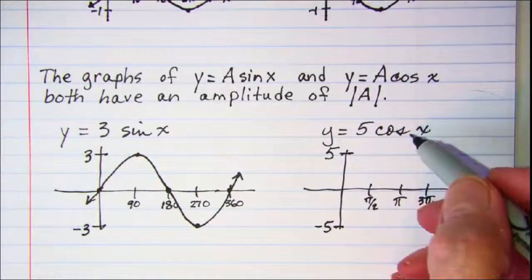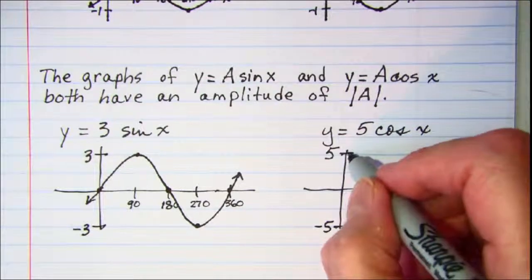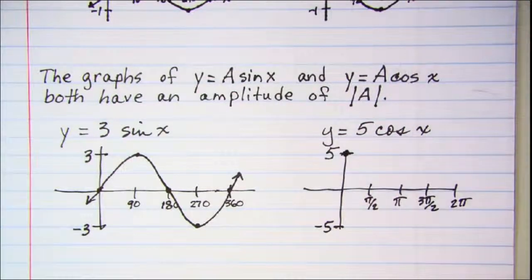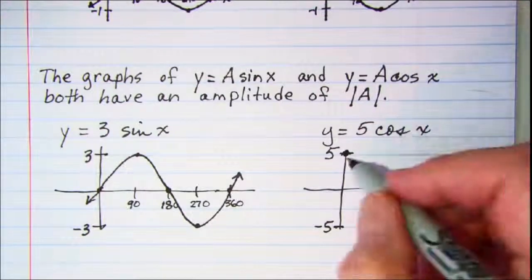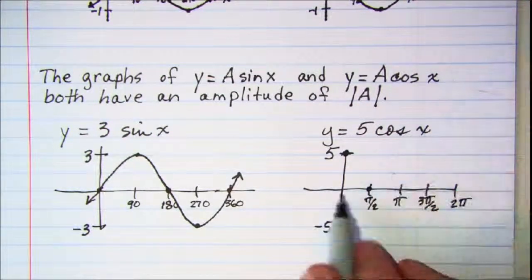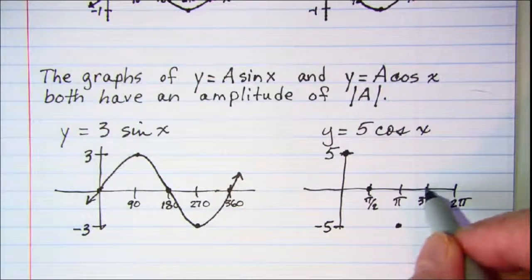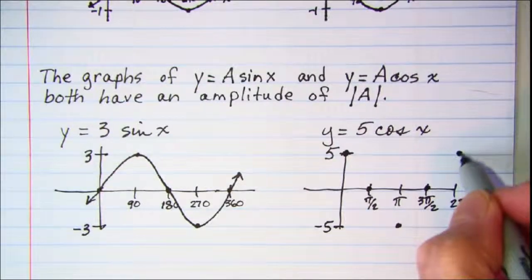People looking at your graph will know that this is at 5. Now the cosine curve, when x is 0, begins at the top of the curve. So I have a max here, and then it hits the center line at the next quadrantal angle. It's the minimum, and then the center line, and then the maximum.